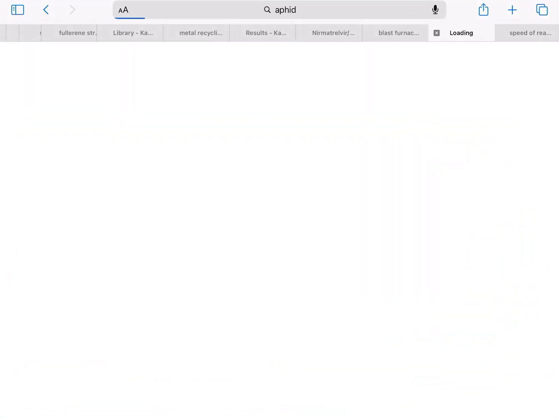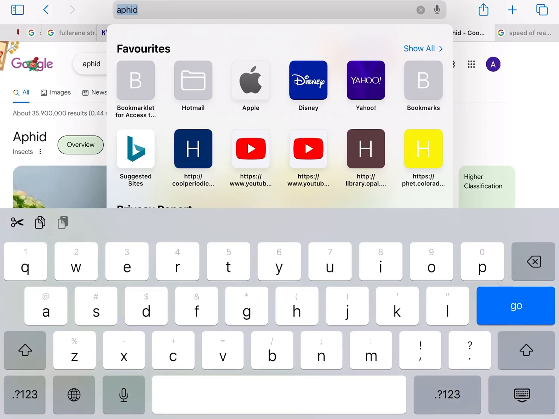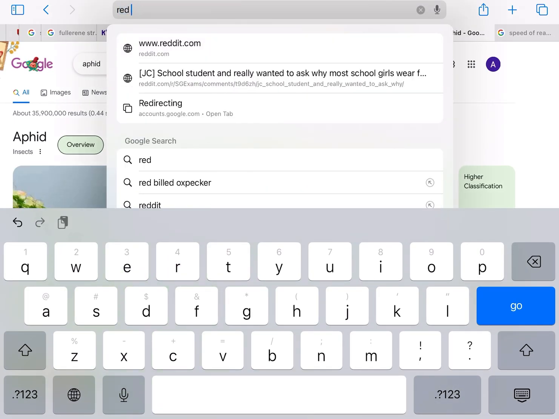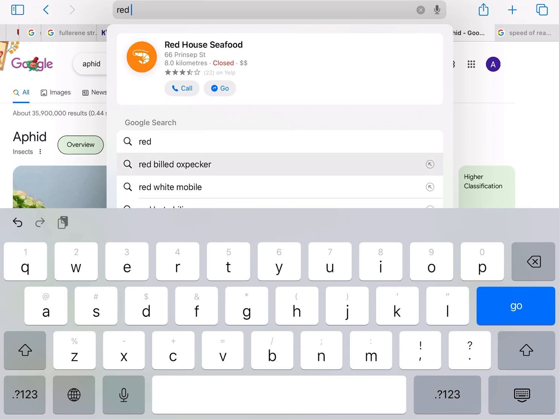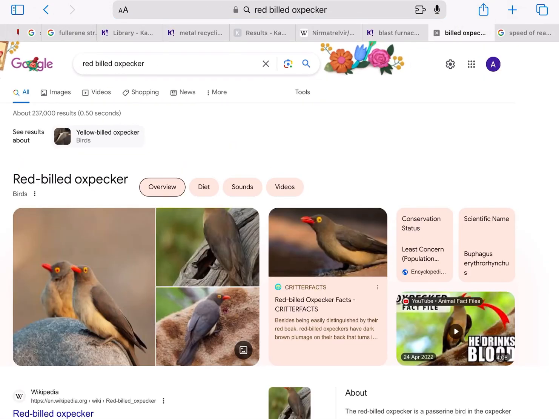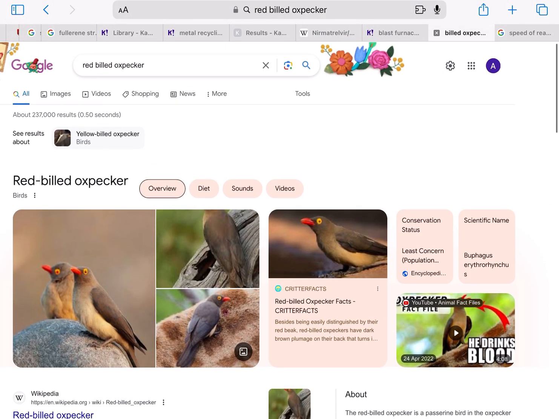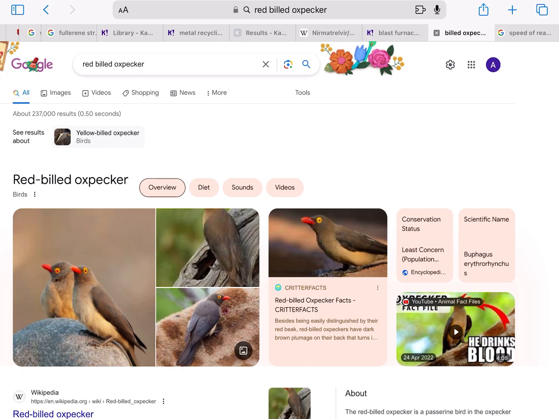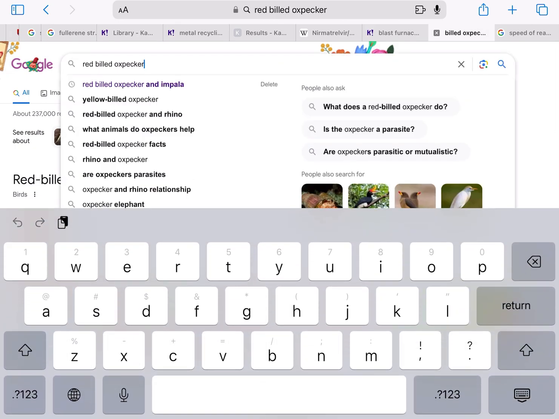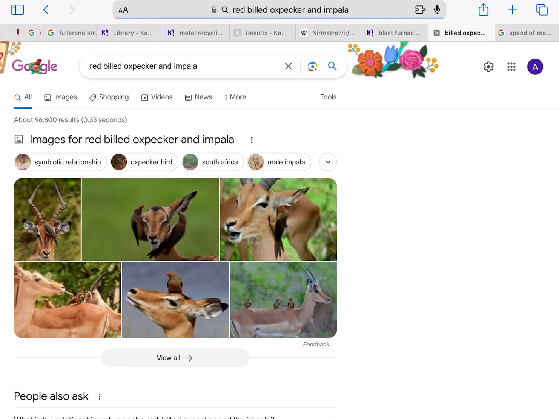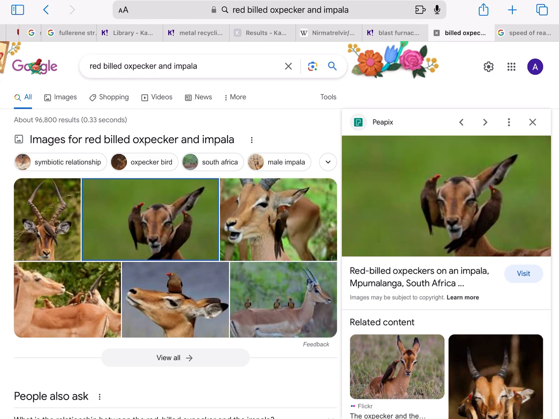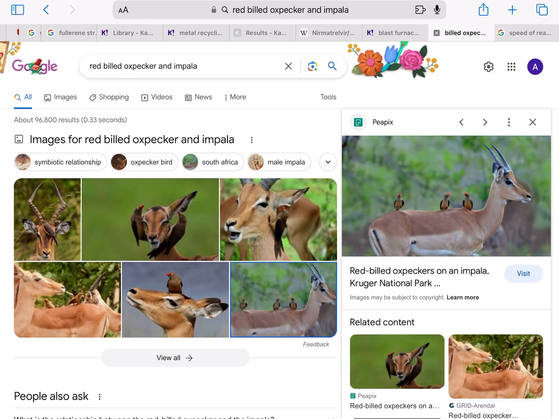Red-billed oxpeckers look like this, and then an impala looks something like this. So they help to eat the ticks, which actually spread diseases to the impalas.